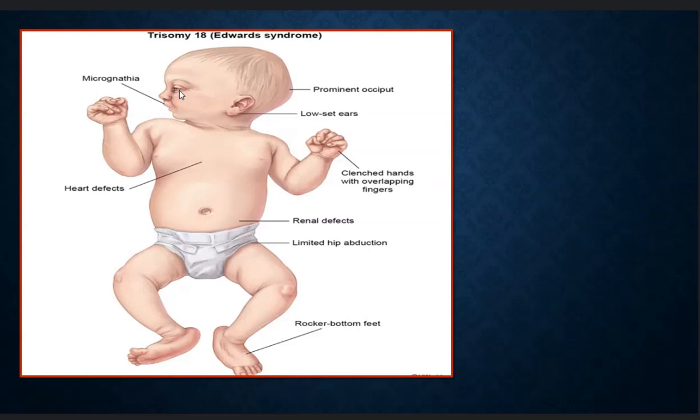This means that if we draw a horizontal line between the inner canthus and outer canthus, normally they should be at the same level. In upslanting, the outer canthus is higher. We see this in Down syndrome, but in Edwards syndrome there is a down slanting, where the inner canthus is higher than the outer canthus.